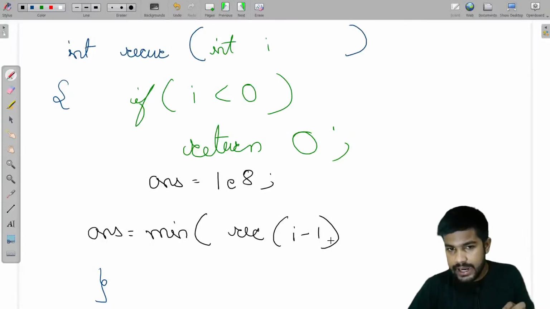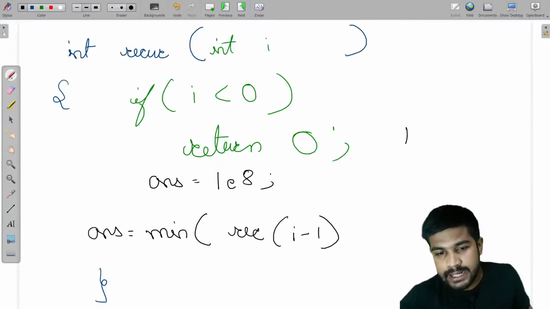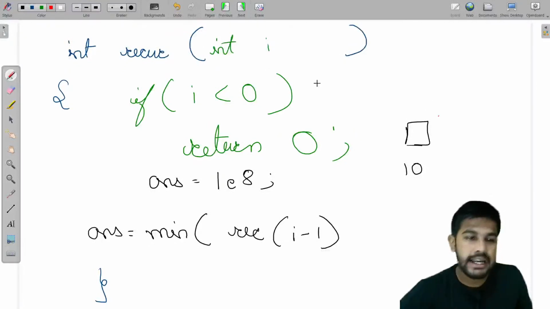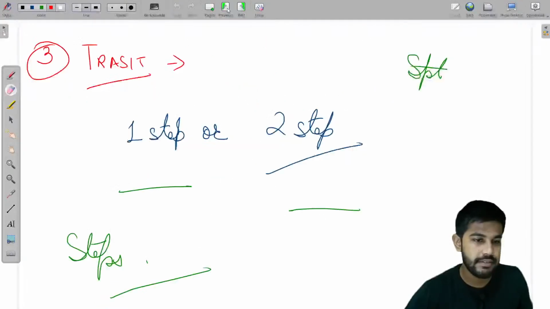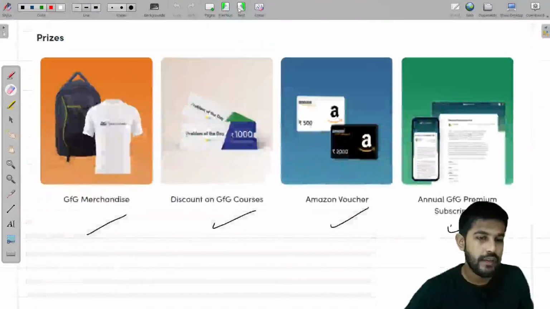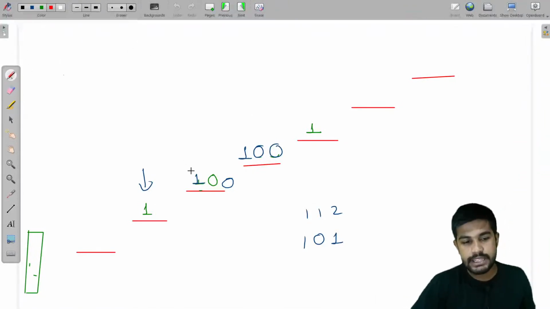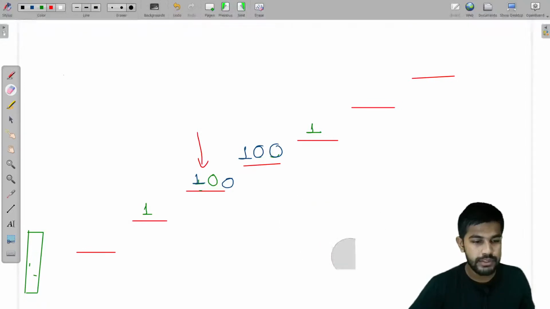Suppose I am standing at this position, and the cost here is 10 rupees. Let me go to the figure itself. Yeah, this is the figure. Let me remove all this.